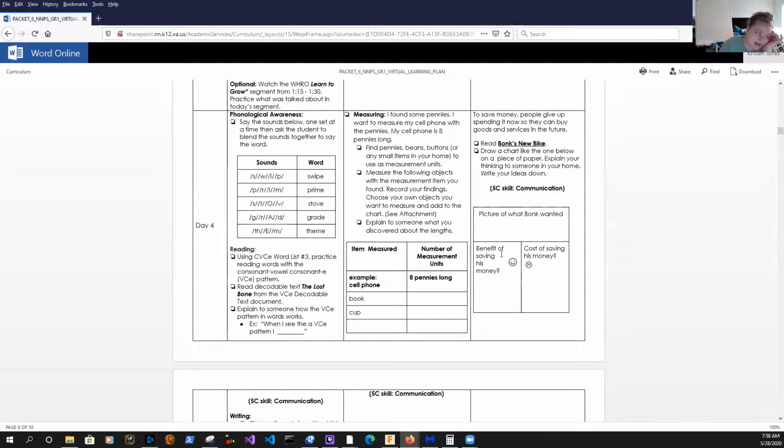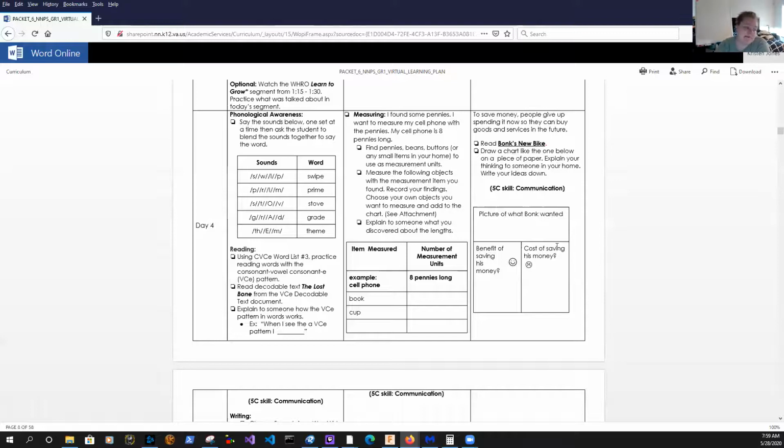It says benefit of saving his money. That means, what are the good things about saving his money? You'll write those in that column. Then over here it says cost of saving his money.